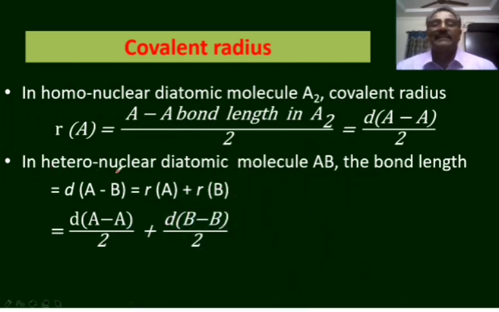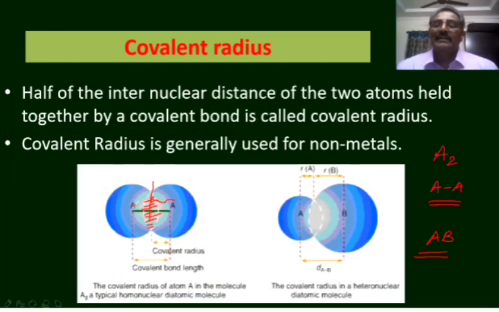Whereas in the case of heteronuclear diatomic molecule AB, the bond length dAB is equal to the covalent radius of A plus the covalent radius of B. Here, there are two different atoms, A and B. The covalent radius of A is this one and the covalent radius of B is this one. Both are not identical here.